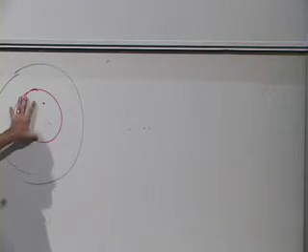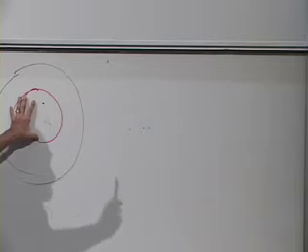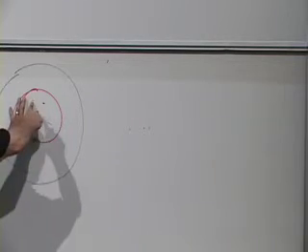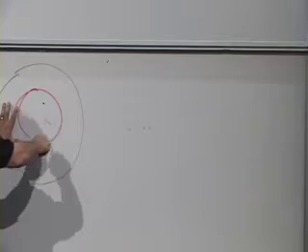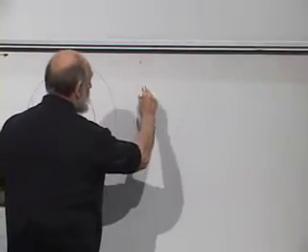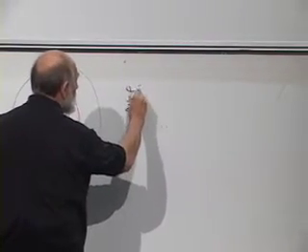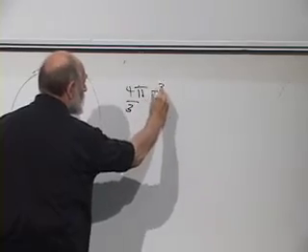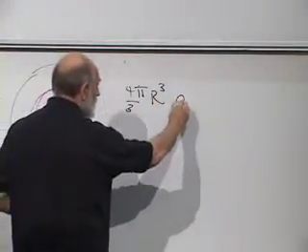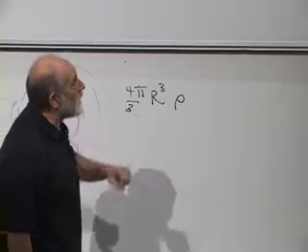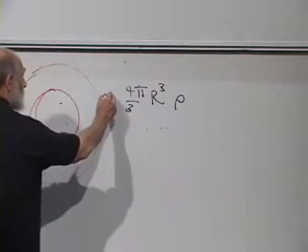Is that clear? All right, so one side of the equation is the mass within that sphere. What is that? That's 4/3 pi r cubed times the density. Well, we also have to throw in a g.